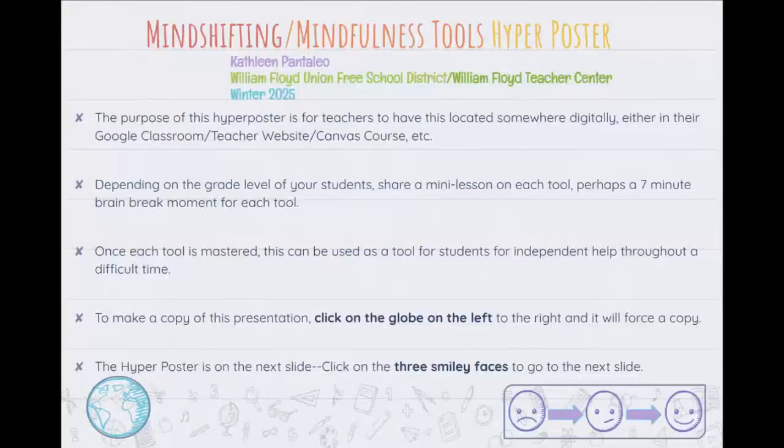But I figured I could make this a hyper poster where it could sit digitally in an online classroom, like a Google Classroom or a teacher website or a Canvas course. Because sometimes when you're teaching virtually, you don't have a classroom with posters on the wall. So this would be a great resource to have.